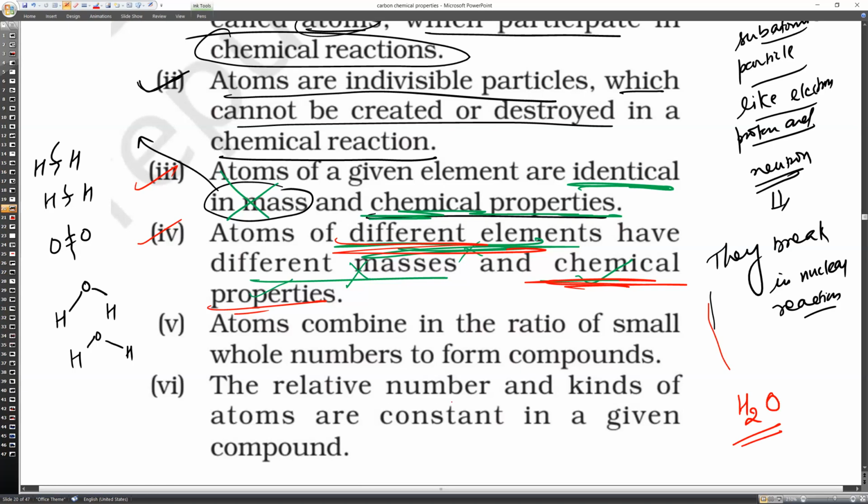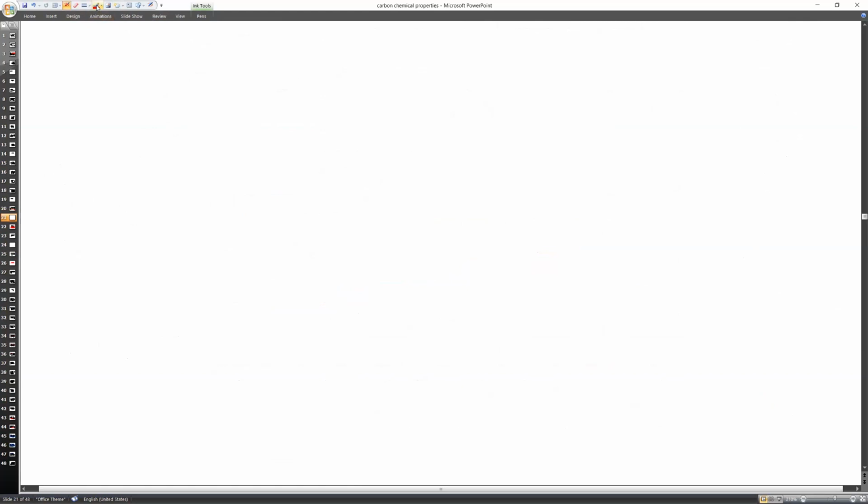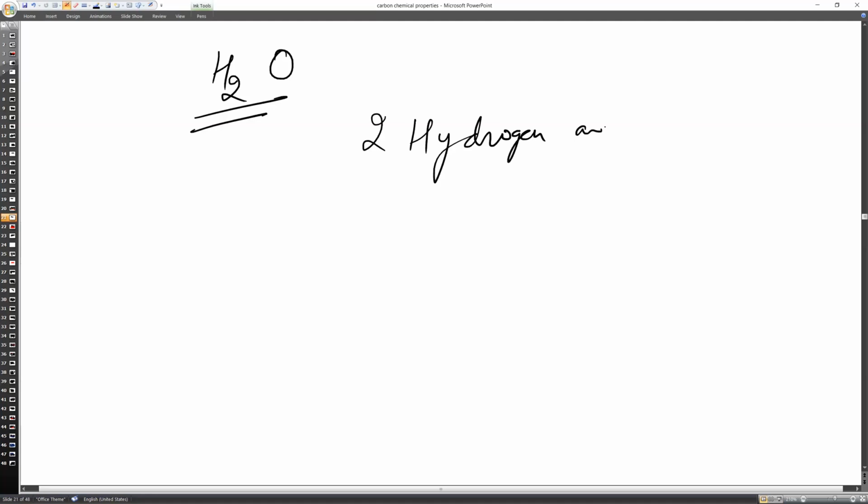And he said that the relative number and kinds of atoms are constant in a given compound. Yes, it is correct. If you are taking water, H2O, there will always be two hydrogen atoms and one oxygen atom. They will combine to form one molecule of water.